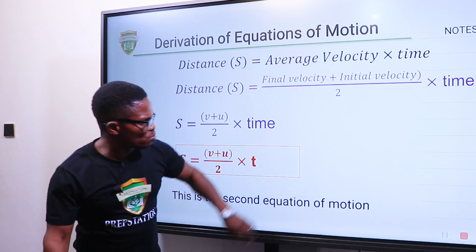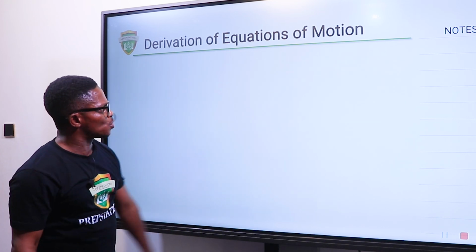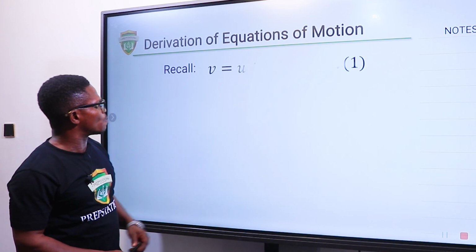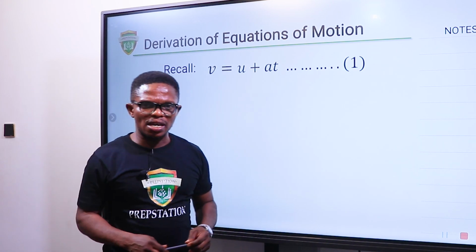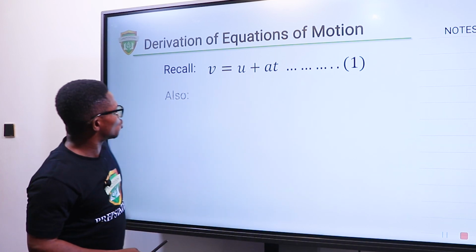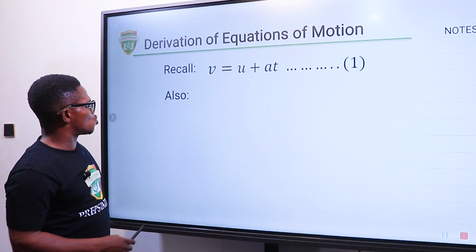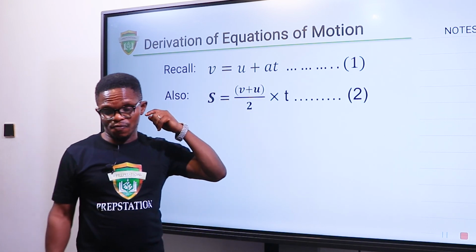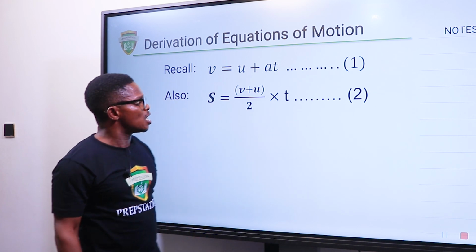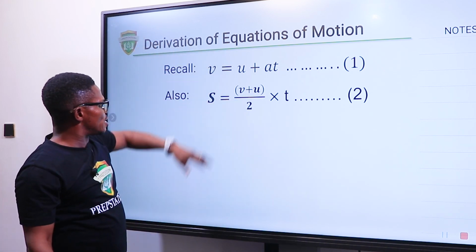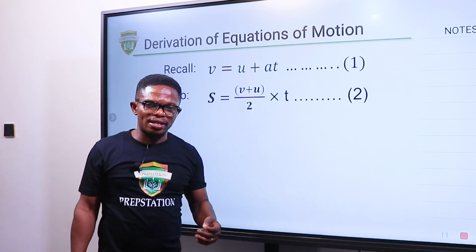Two more to go, and I'm going to show you how to derive them very easily. Now recall equation 1, that V is equal to U plus AT. And also recall equation 2 that we just finished deriving, that distance S equals (V plus U) over 2 times T. With these two equations, I can maneuver them to get equations 3 and 4.